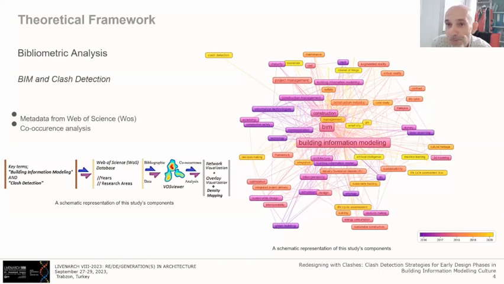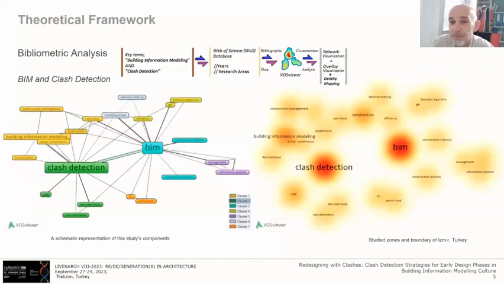Based on the findings of the co-occurrence analysis, it is evident that the term clash detection has emerged as a prominent focus in recent scholarly investigations. Subsequently, an analysis centered on the term clash detection was conducted by establishing rules, fine-tuning parameters, and implementing filters within the VOSviewer platform.